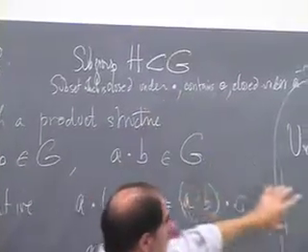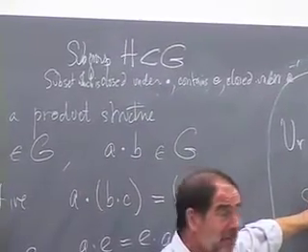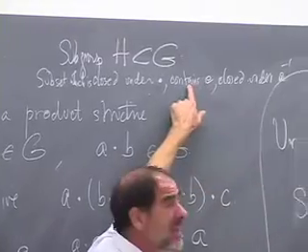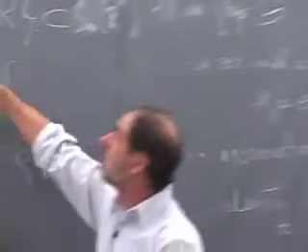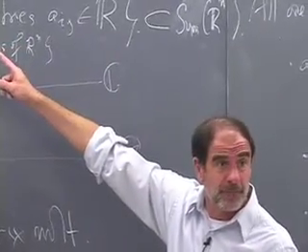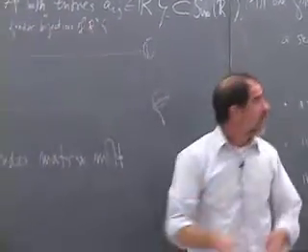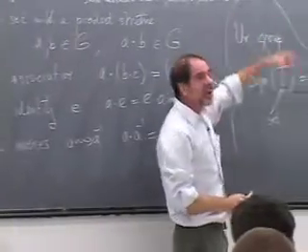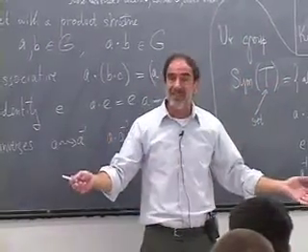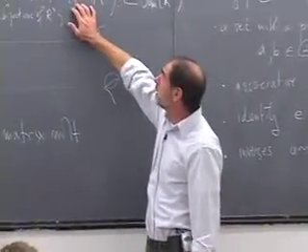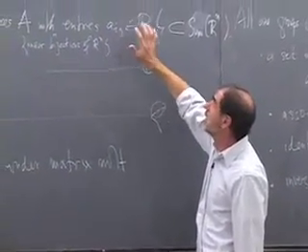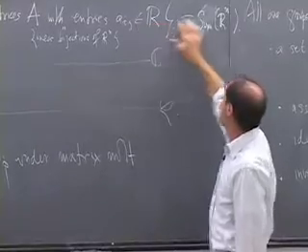Because remember, multiplication here is composition of maps. Does it contain the identity map that takes every vector to itself? You bet. That's given by the identity matrix. If an element is linear, is its inverse linear? Yes. Consequently, this subset is closed under multiplication. It contains the identity. It contains inverses. It's a subgroup of this.